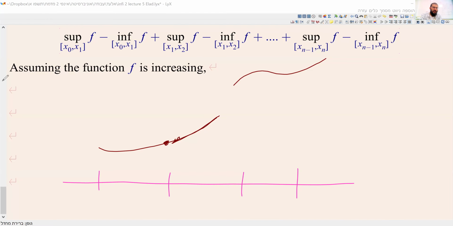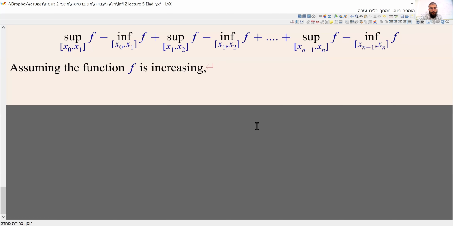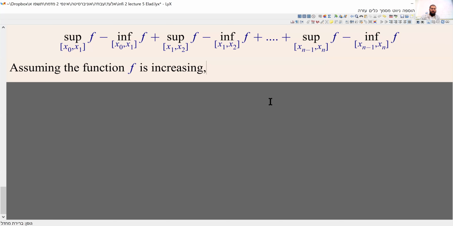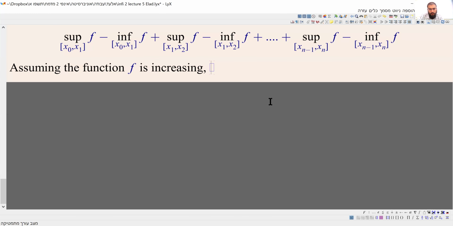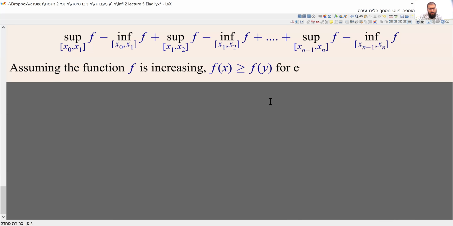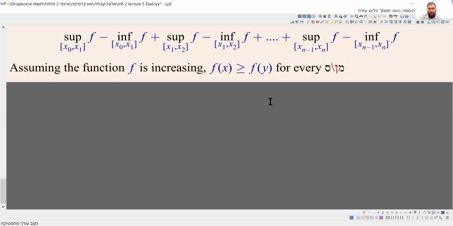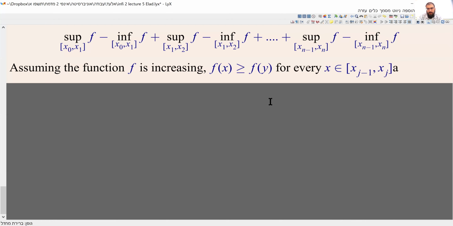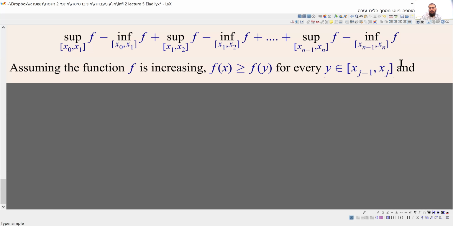Let's write it generally and conclude what I want to say. Because f is increasing, f(x) is greater than f(y) for every y in some subsegment, let's say x_{j-1}, x_j, and x in the next subsegment.